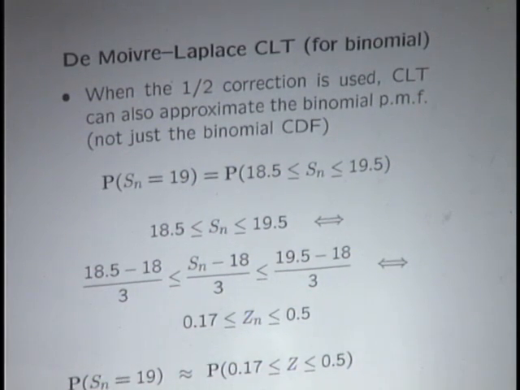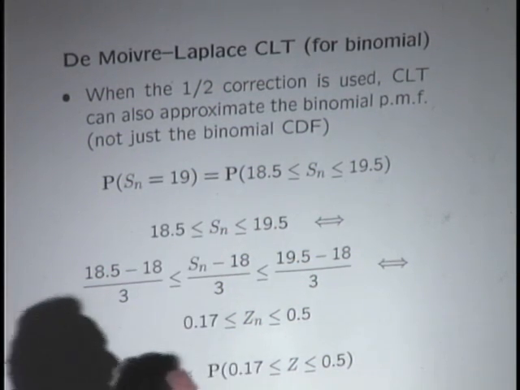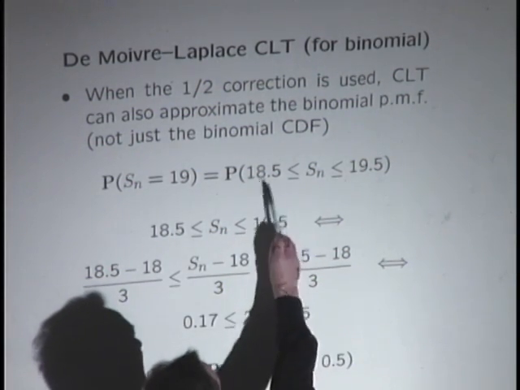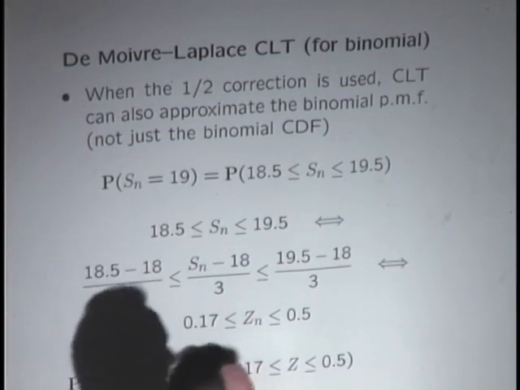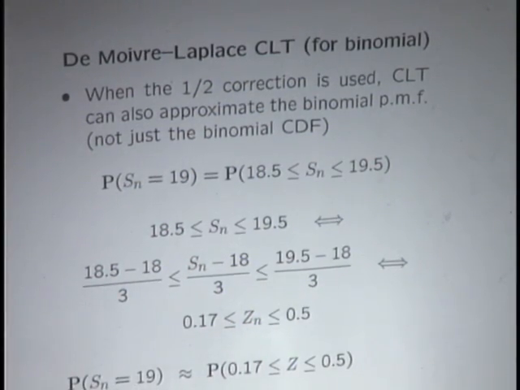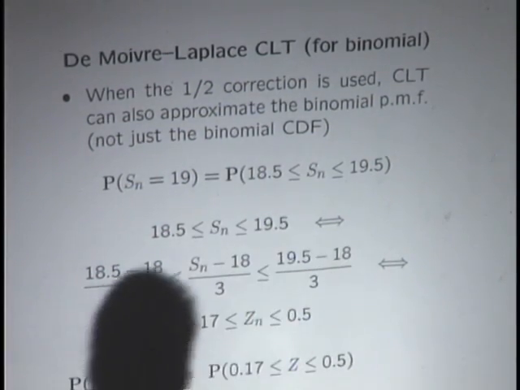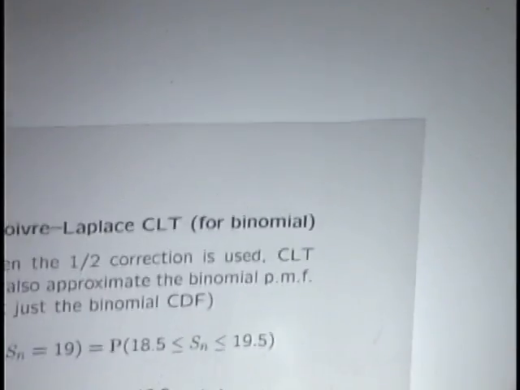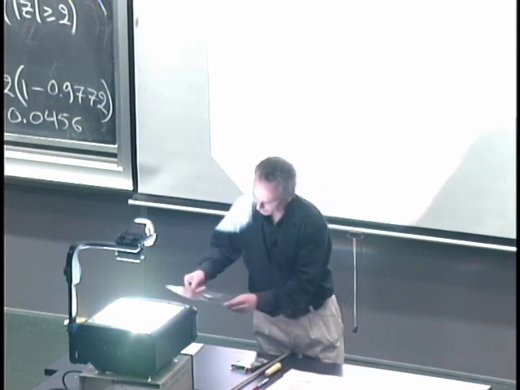So you don't get an interesting answer. You get a more interesting answer by writing this event, 19, as being the same as the event of falling between 18.5 and 19.5, and using the normal approximation to calculate this probability. In terms of our previous picture, this corresponds to the following.